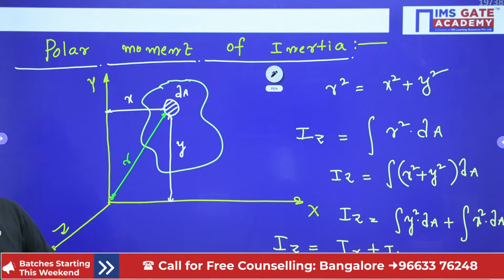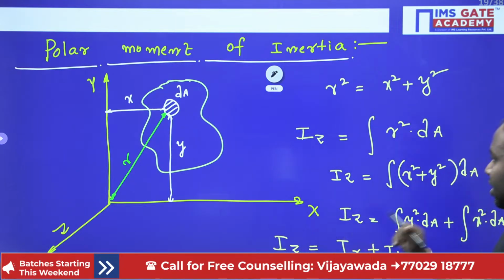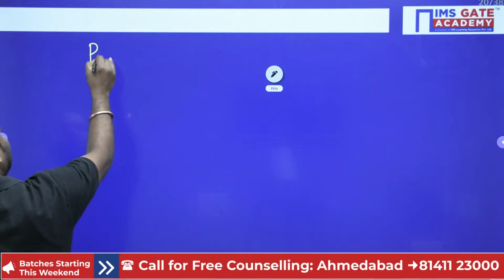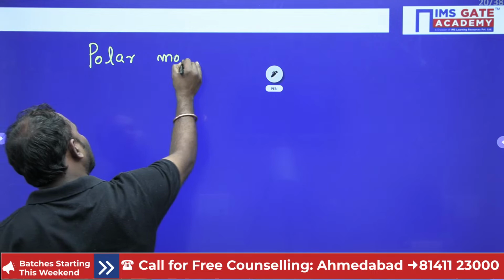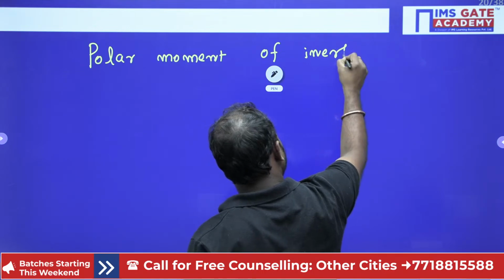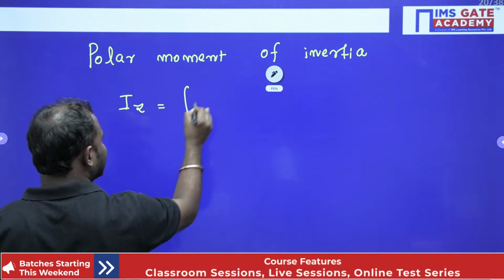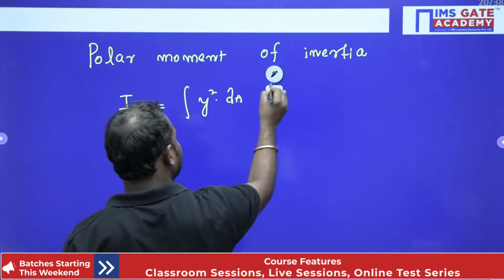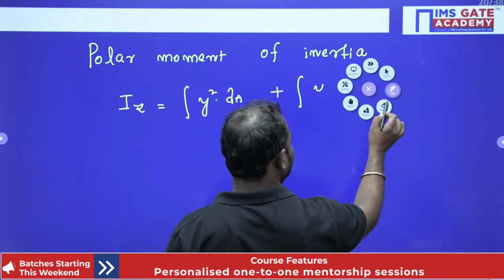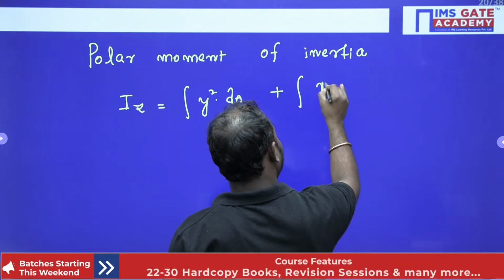So this is called polar moment of inertia, right? Here it is not visible, so I'll write it properly on the next page. Polar moment of inertia Iz is equal to integration of y square into dA plus integration of x square into dA.